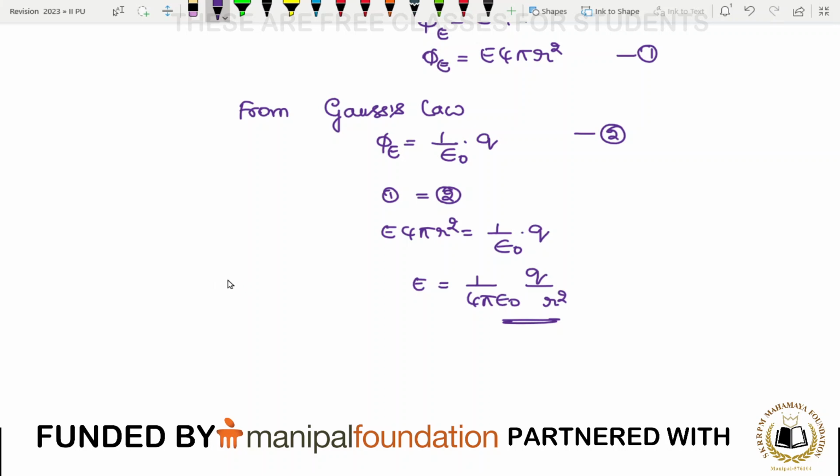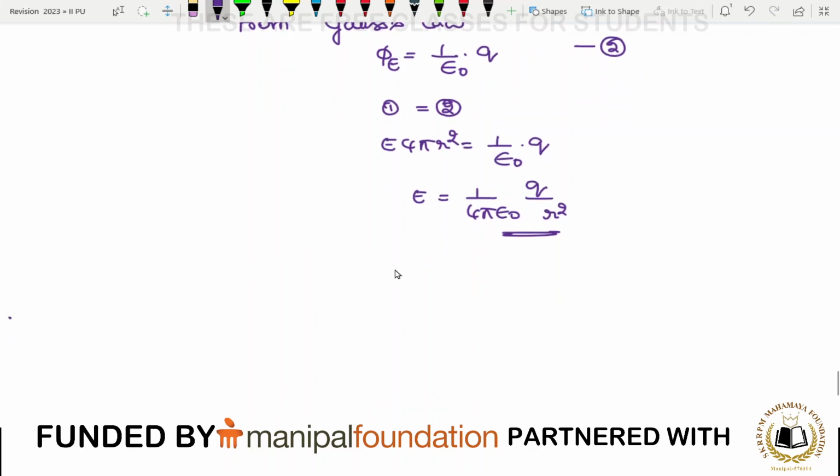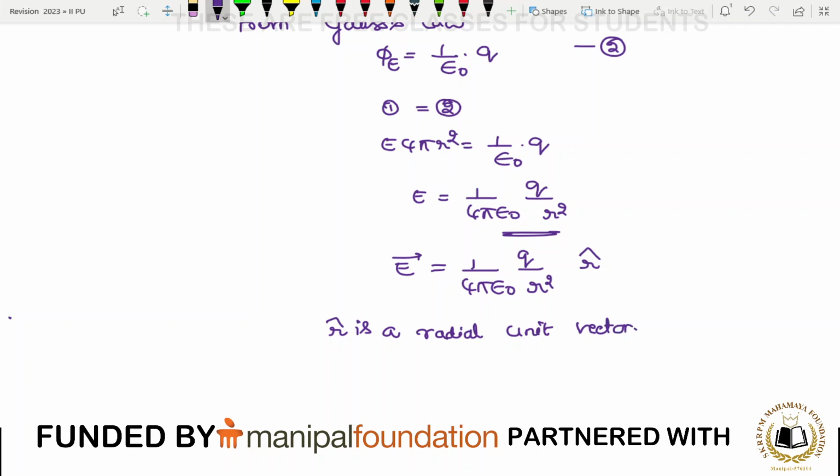Now if you want to write it in vector form, E vector equals 1 by 4 pi epsilon naught Q divided by r square into n cap or r cap. R cap or n cap is a radial unit vector.